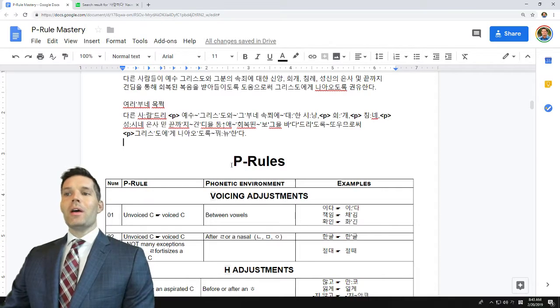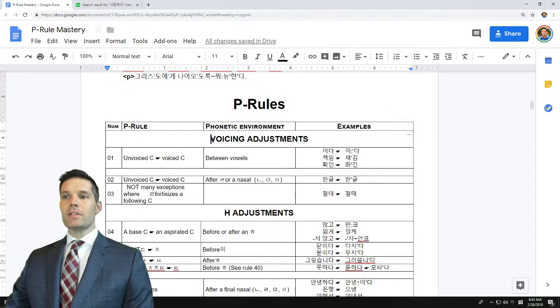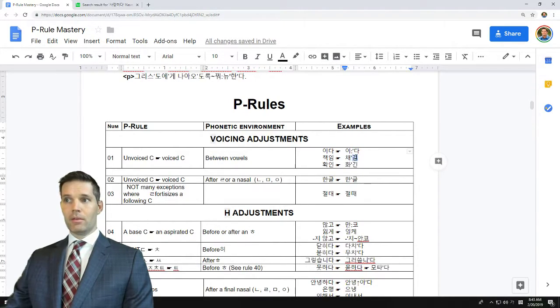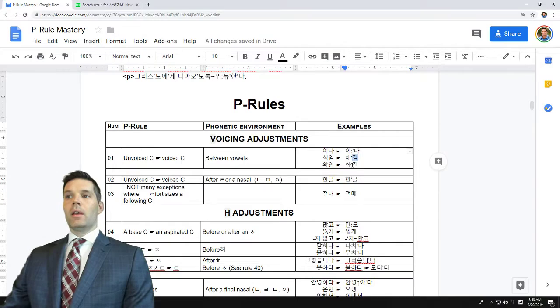Let's get into the P rule starting with V, so voicing adjustments. This is voiced versus unvoiced, which we went over some of in methodology. Basically you're going to have 이다, so this is the D sound here, or 책임, so this 기억 here is going to go up, so it's 책임, with a G sound instead of a K sound, and then here the 기억 is going to go up again, so 확인, with a G sound instead of a K sound.